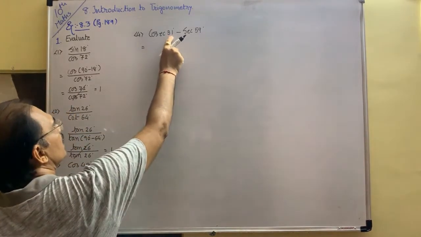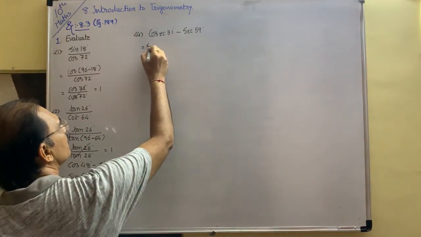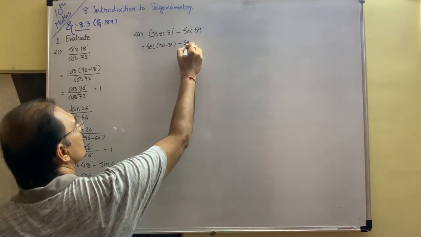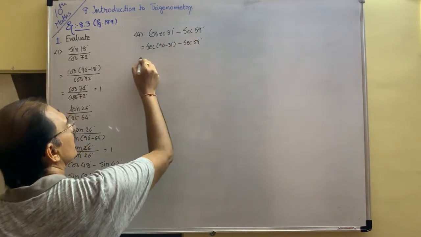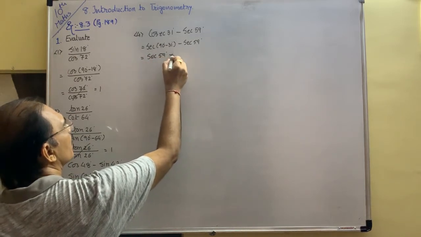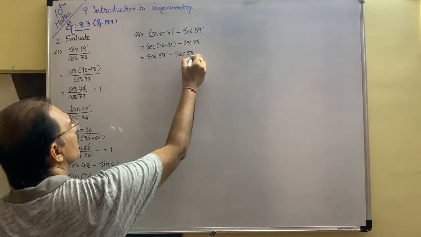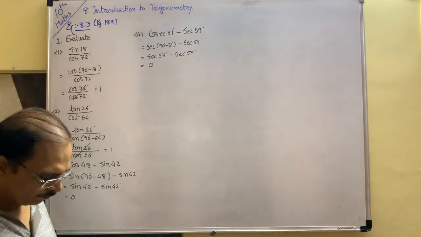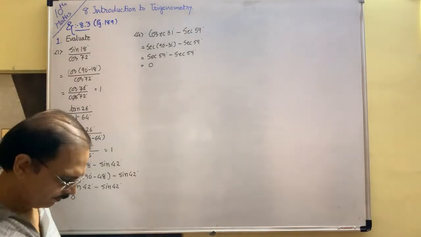I change cosec theta, which should be written as sec (90 minus theta), minus sec 59. Sec (90 minus 31) equals sec 59, minus sec 59. Sec 59 minus sec 59 is 0. This is your first question.